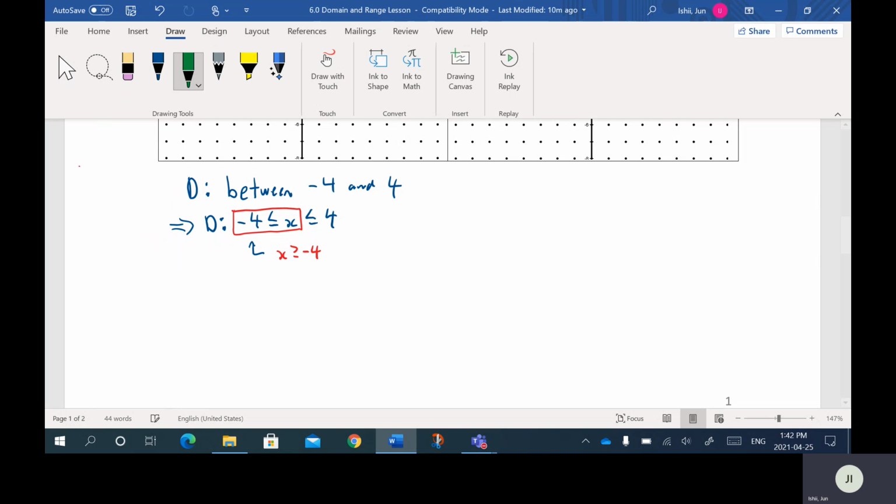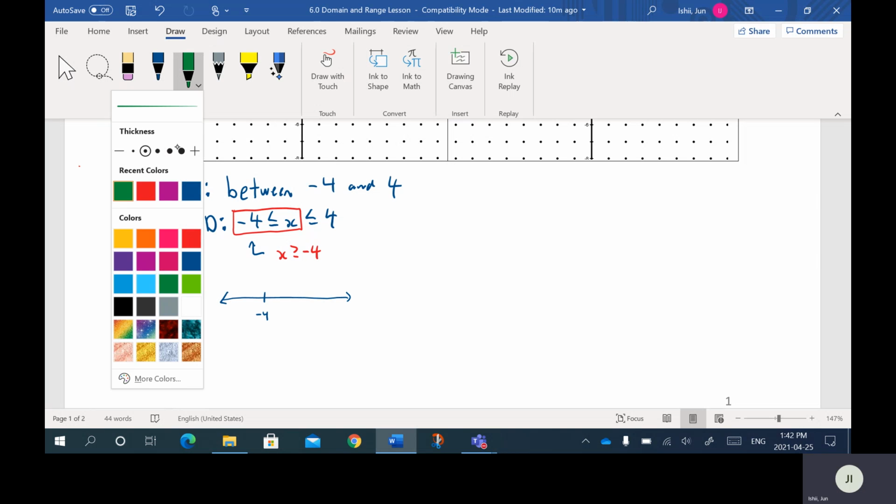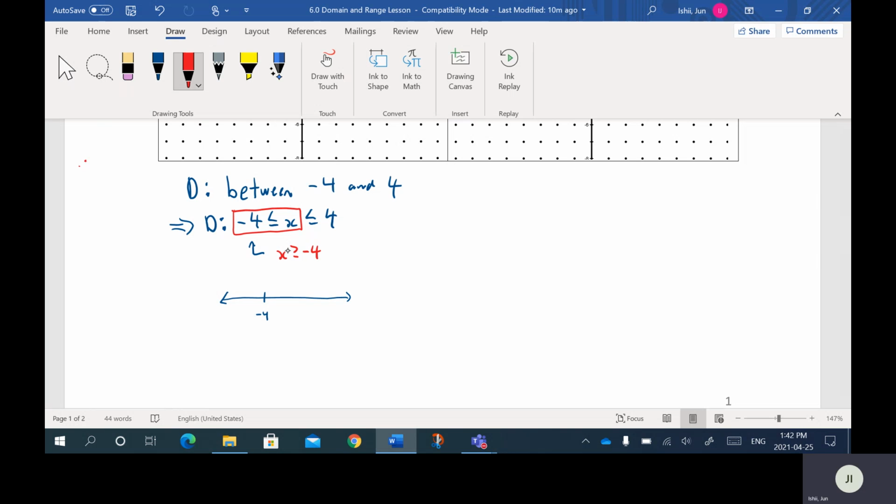If we were to draw that on a number line, with -4 here, to describe x is greater than or equal to -4, it would go from -4 on in this direction.